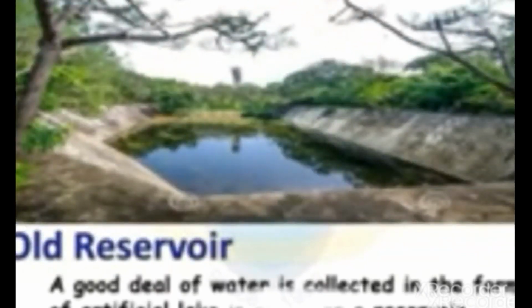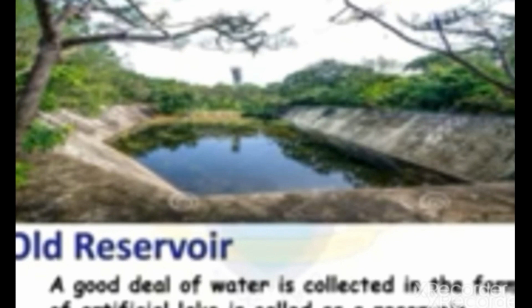The next is old reservoirs. Can you see these old reservoirs? Yes, reservoirs were built in areas of low rainfall or in areas without major rivers. Most of the reservoirs were built using stone or mortar.